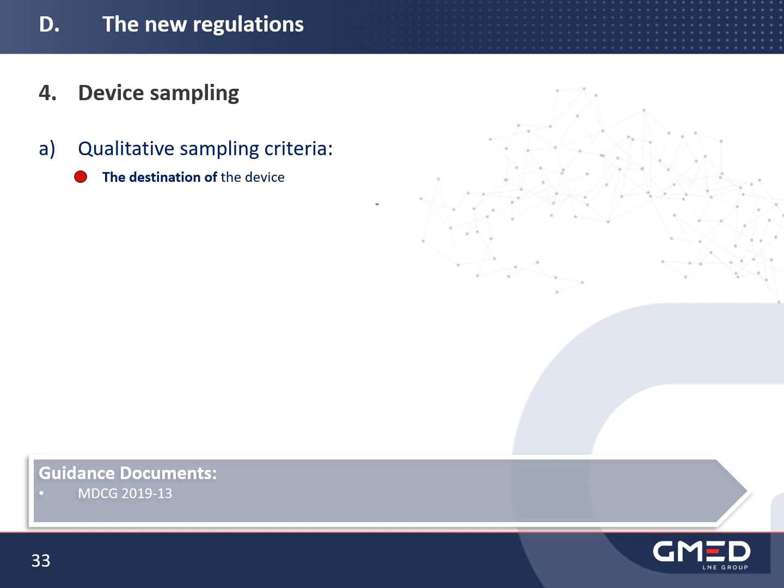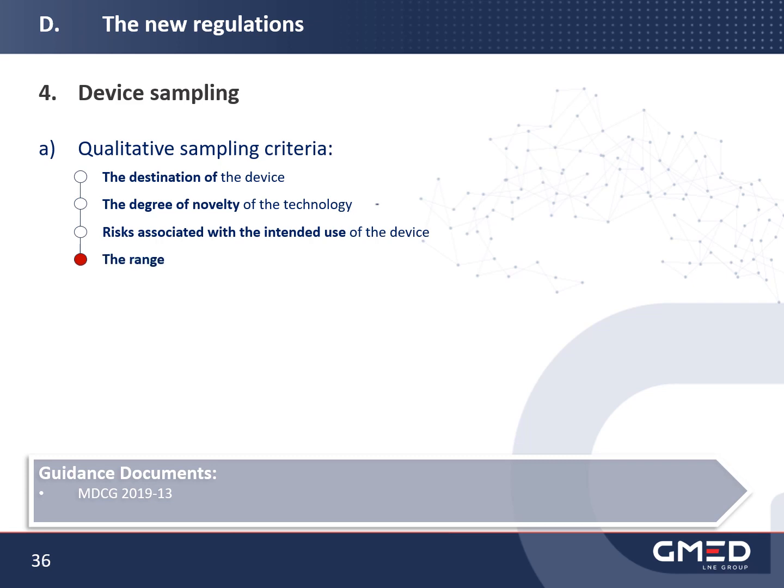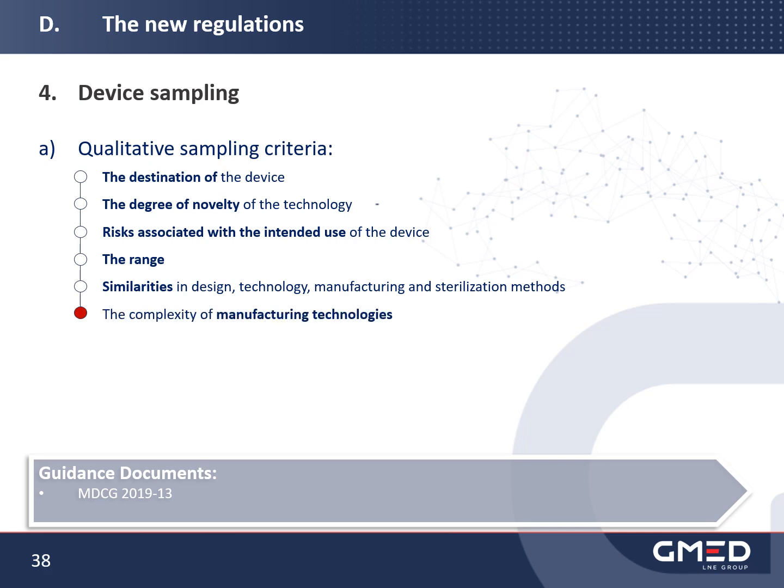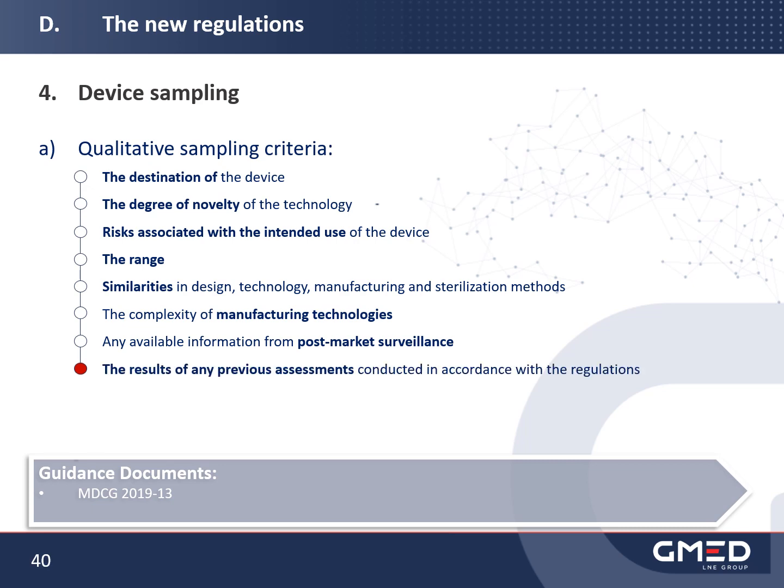Criteria that should be considered when selecting the device include the destination of the device, the degree of novelty of the technology, risks associated with the intended use of the device, the range, i.e. the set of devices covered by your certification project, similarities in design, technology, manufacturing and sterilization methods, the complexity of manufacturing technologies, any available information from post-market surveillance, and finally, the results of any previous assessments conducted in accordance with the regulations.